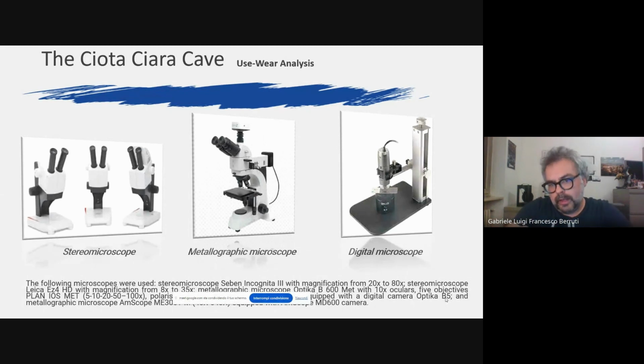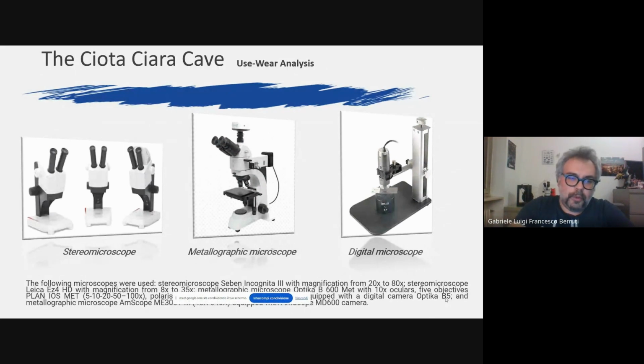The breakage of the edge. The metallographic microscope was used to see a particular type of traces called polish. To see this kind of traces, you need more enlargement.